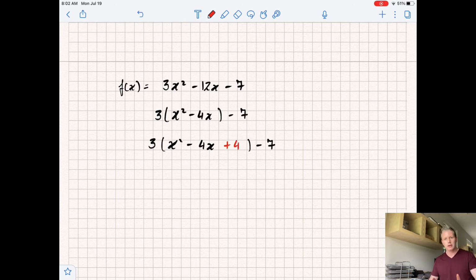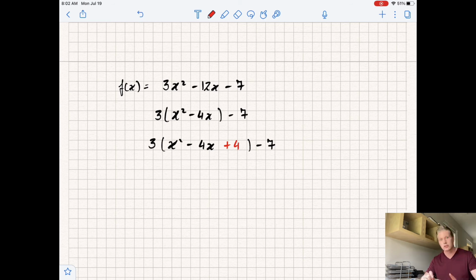Now here we need to be careful. You might think that we've added on 4, so now we need to subtract 4. But there is a 3 in front of these parentheses, and that 3 is also on this red 4 that we've just added. So really we haven't added plus 4; we've added 3 times plus 4, and so that's 12.